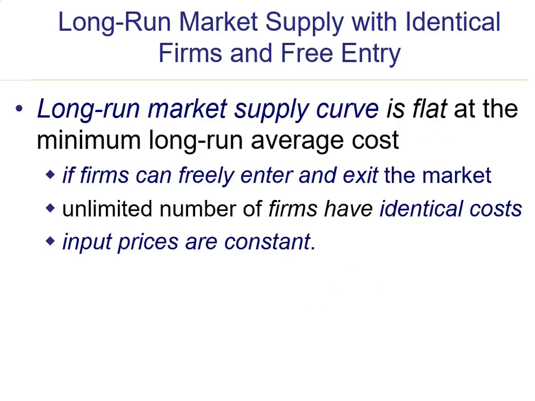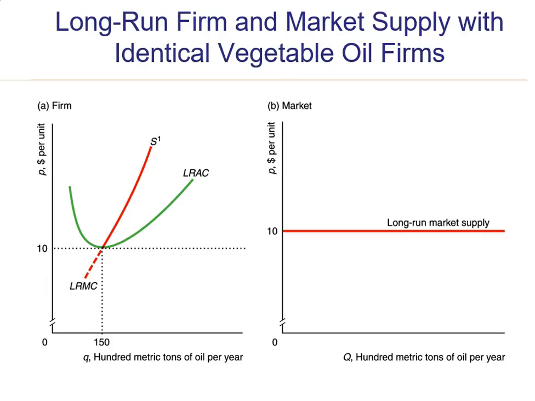So what does this look like? A flat market supply curve that's not positive slope. It's this image, where we have identical firms in the long run, all with the same cost structure. So in the long run, as we add more firms, they all produce at this minimum point of their average cost.